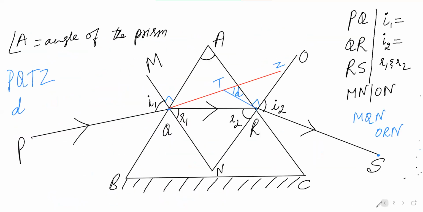Now we'll go back to the diagram again. See, D is the angle of deviation. Again, can you see the triangle here? TQR is a small triangle here, and D is the exterior angle of this triangle. Is it clear? D is the exterior angle of this triangle.